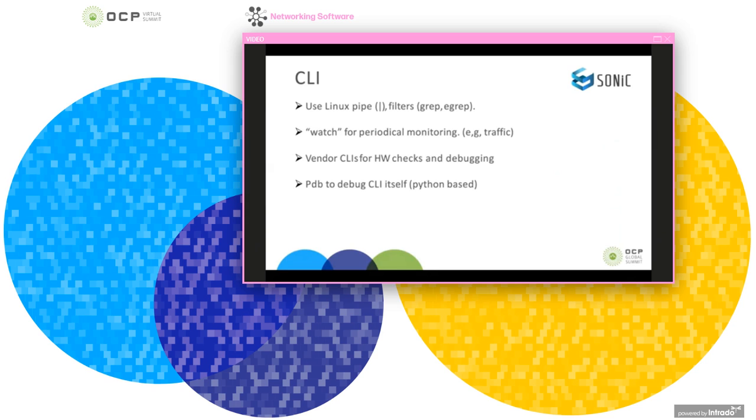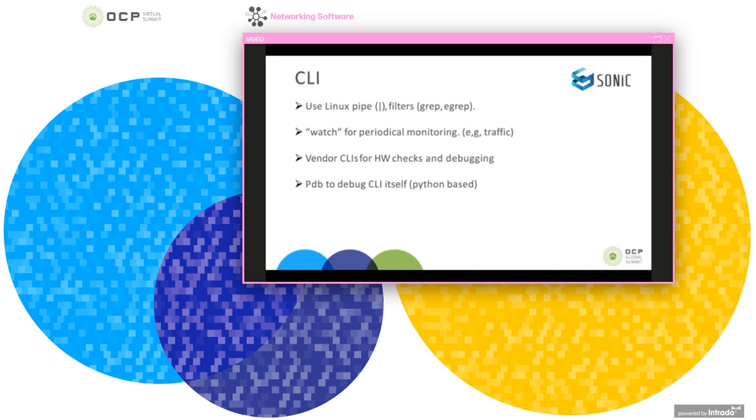The CLI: this is not the session for how to debug CLI yourself, but more like how we use CLI to debug other things. We use a lot of Linux tools like pipe filters and watch commands to periodically monitor stuff.